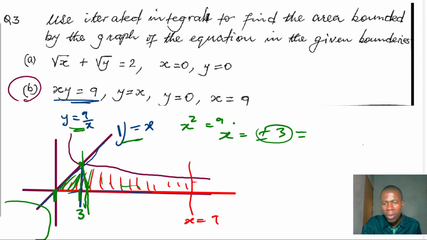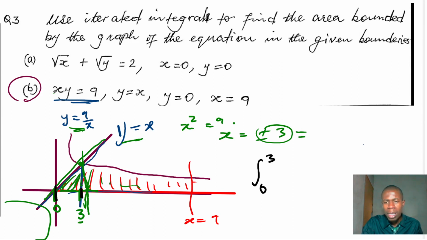So x will start from this point, which is 0, and end at positive 3. Then y will start from this one and end at 0. Then we would have covered our region there. So for the x part, x is starting at 0 and ending at 3, so we have 0 to 3 outside.